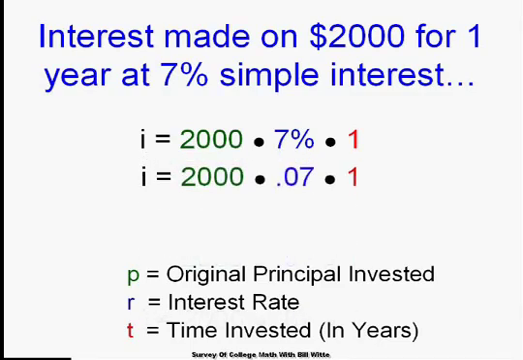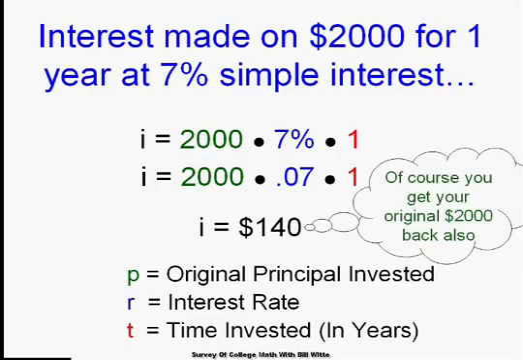Now that 7% is a decimal, 0.07, 7/100ths, remember. We do the calculation, and we get $140. Now that's interest. It's mine, you understand? Mine, all mine. Of course, you get your original 2,000 back also, so you really end up with 2,000 and 140.